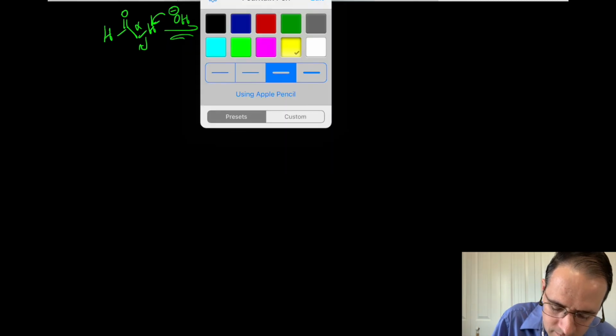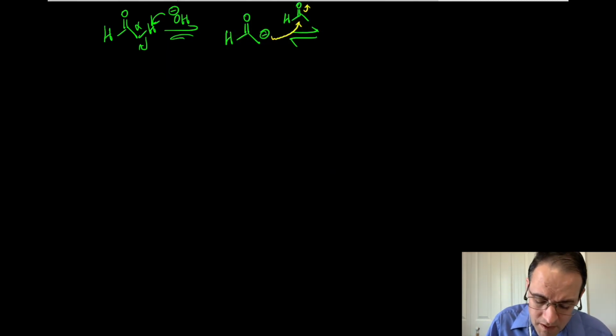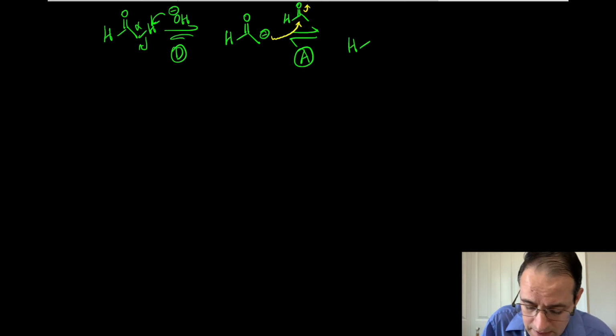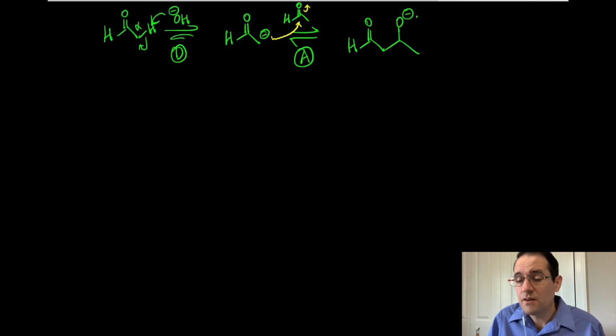And this will give us almost the addition product, okay? So this is deprotonation. This is attack or add if you want. And we're getting very close to the final product now. Okay, we get almost the aldol product.